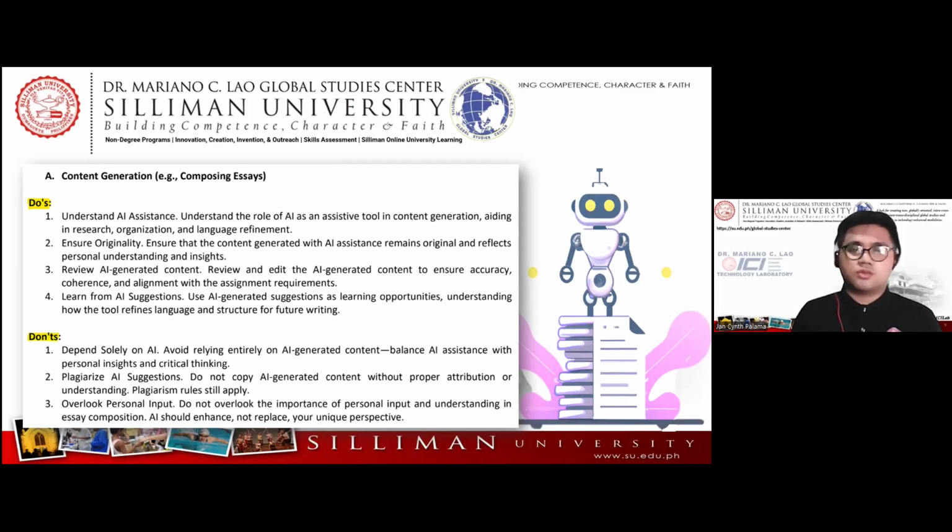But take note, when you feed AI, do not just copy and paste. Also add your possible insights and learn from the suggestions and learn from the response.